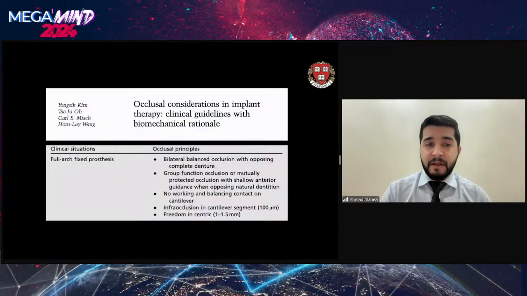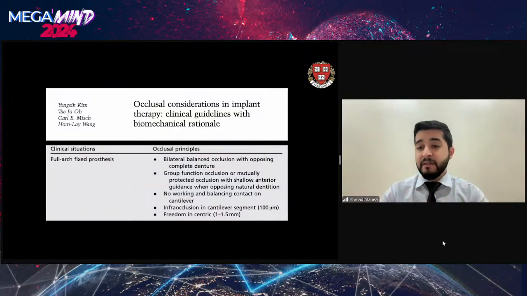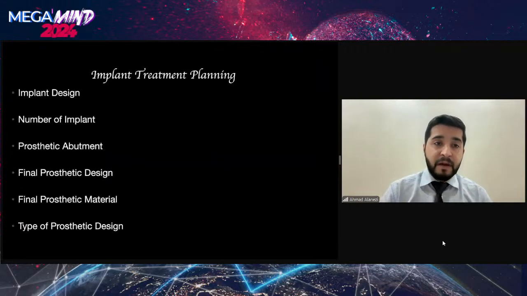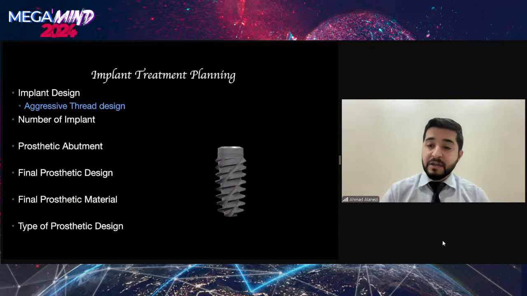And this is an article by Professor Hom-Lay Wang suggesting that with each implant fixed prosthesis, you have a different type of approach. So I suggest that if someone is interested in what kind of occlusal scheme should be done for their patient, they look at this lecture. There is a series of questions that I need to ask myself when I plan an implant case. And one of them is, what is the implant design I'm going to use?